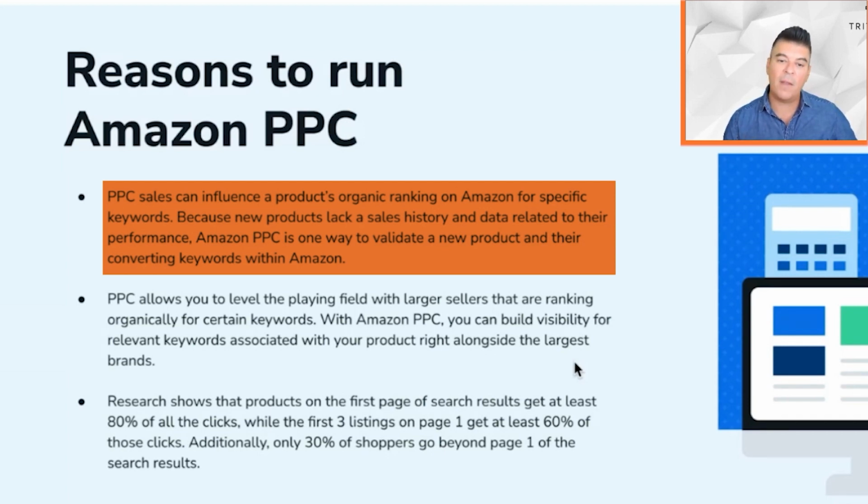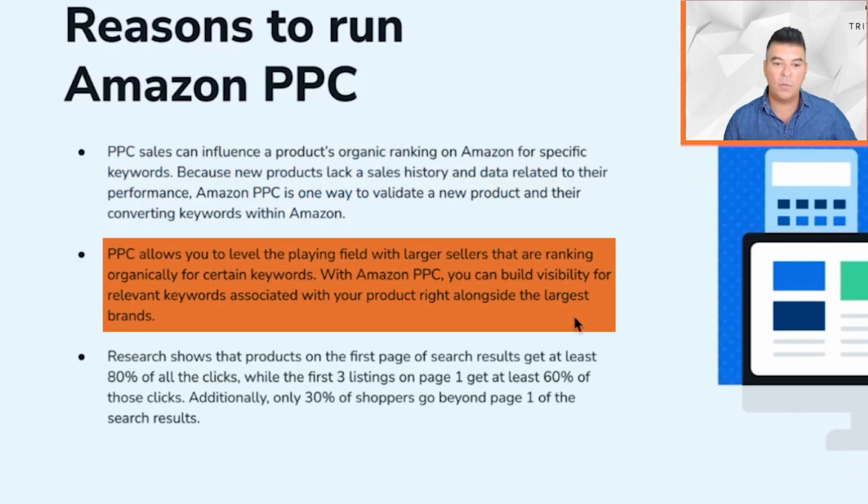Amazon PPC is one way to validate a new product and its converting keywords within Amazon. So the more sales you get from particular keywords, the higher you're going to rank for that keyword. And we do have modules about organic ranking and how PPC helps with that if you want to check those out. PPC allows you to level the playing field, so to speak, with larger sellers and maybe even national brands that are also running PPC and ranking for particular keywords.